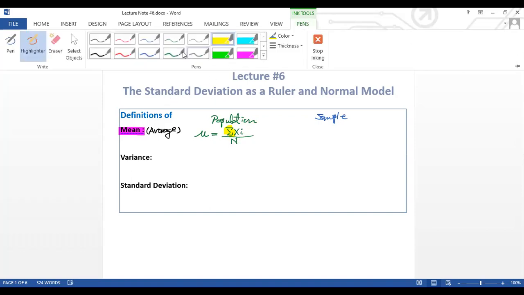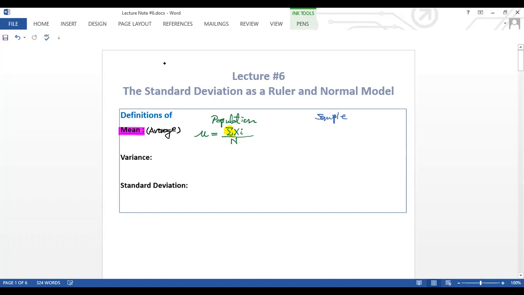So this is basically the summation. That means you add all the x in this population, and divide by N. That's what we call the population mean. And we use the notation mu to represent it, right? So do not get confused by that.